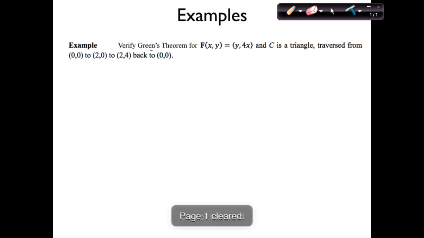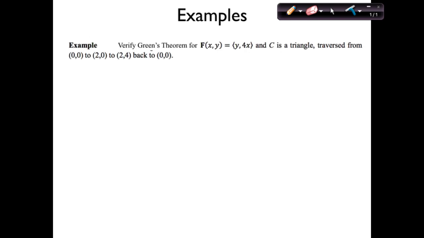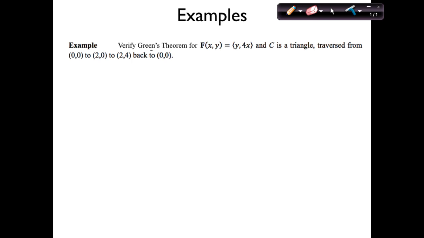Okay, so let's do examples. What would it mean to verify Green's theorem? It says verify Green's theorem if the function is y and 4x, and C is a triangle from 0,0 to 2,0 to 2,4 back to 0,0. Would you ensure that the single integral over C of f dr is equal to the double integral over region D of qx minus py? Right, and then how do we ensure that they're the same?